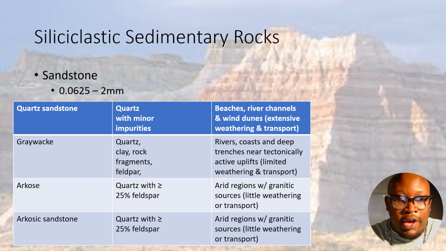The reason why arid regions is because, for one, feldspar and water, not a good combo. Feldspar will be eroded down to clay very easily when water is present. So if there's not much water, then feldspar will stand up and survive for the longest. So if you're in an area where you see arkose, then you can safely say, hey, this area was more likely an arid region.